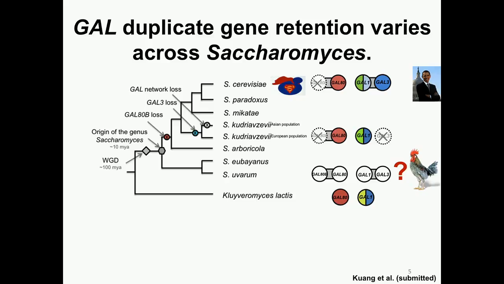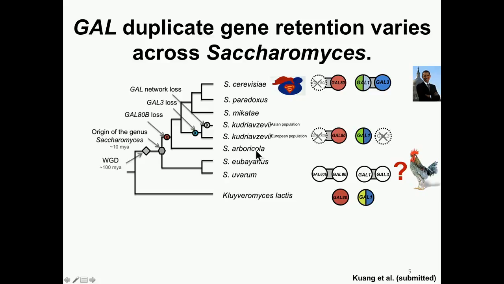There's another yeast about 100 million years divergent, Kluyveromyces lactis, that did not undergo whole genome duplication. Here we can see it has a single co-repressor and also a gene that is bifunctional, performing both the first enzymatic step and the co-induction function.